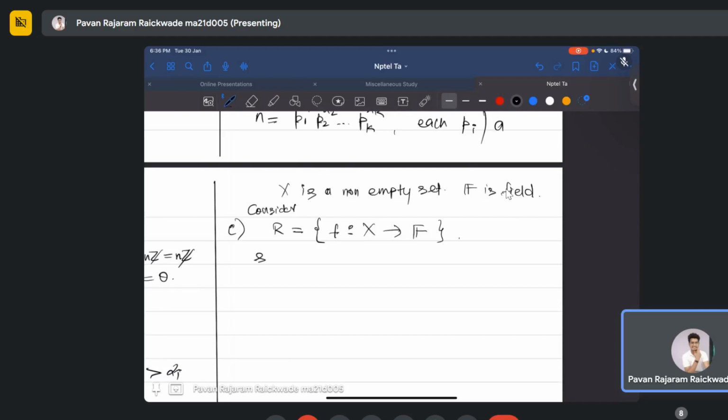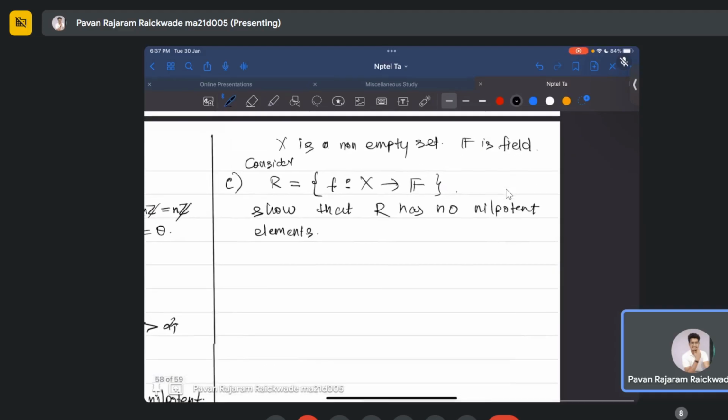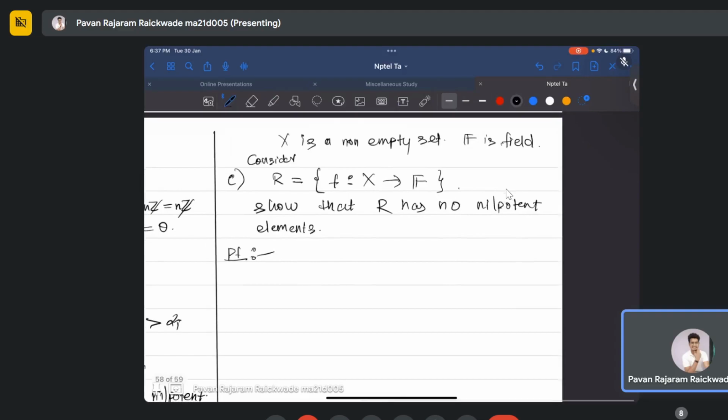Show that R has no nilpotent elements. Okay, how do you show this? Take any element and let's see what happens with the power. I mean no non-zero nilpotent elements. Zero is always a nilpotent element.